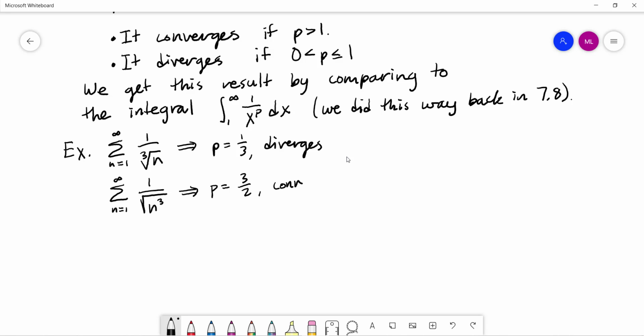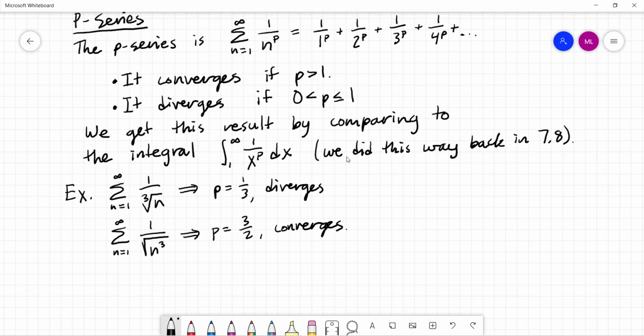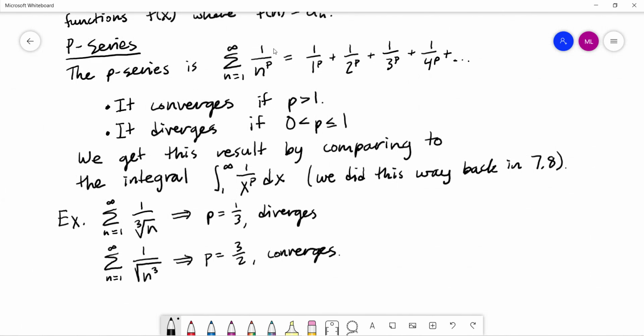So it converges. Whenever you see something of this form, or you can compare to something of this form, you can immediately say that it's either going to converge because p is greater than 1, or diverge because p is less than or equal to 1. So the p-series is going to be a really powerful tool that we're going to use a lot going forward. So just keep that in mind.